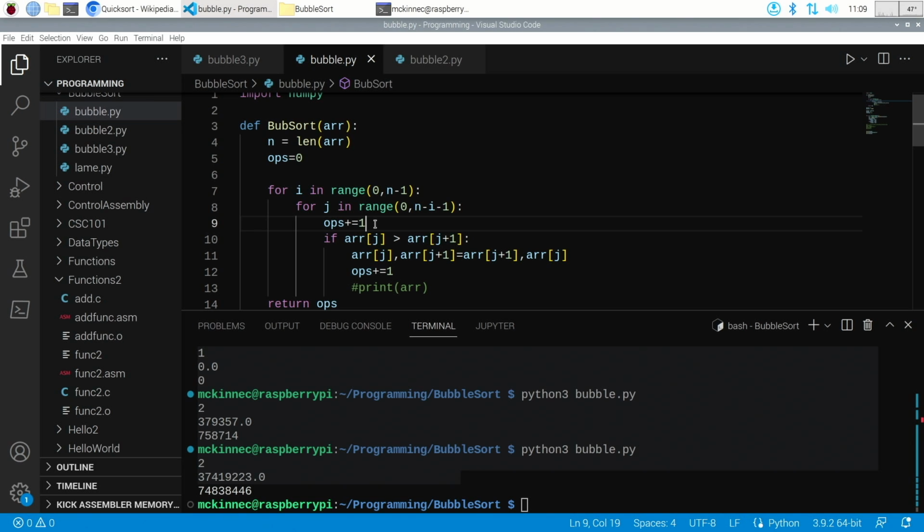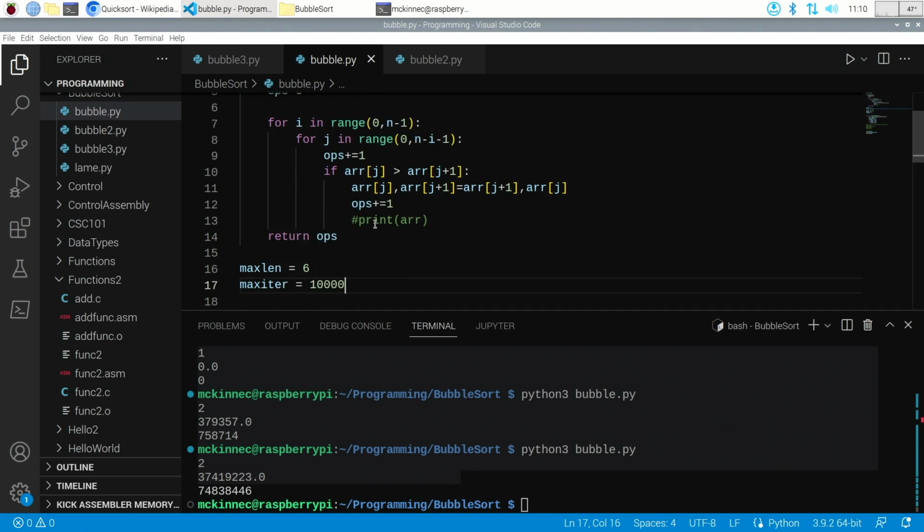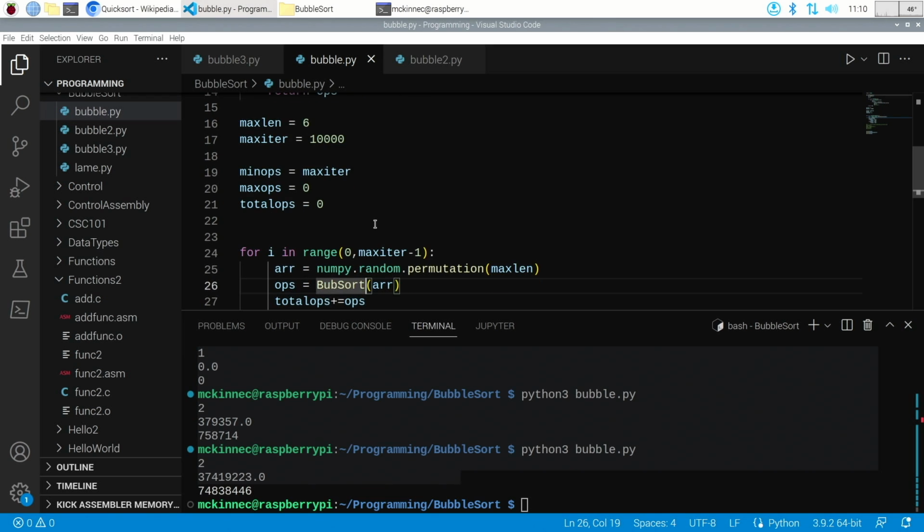Now, mathematically, we've already figured out that the best case is going to be the number of cards times the number of cards minus 1, all over 2. And the worst case is not divided by 2. Then I'm going to hand this algorithm a random assortment of numbers from 0 through 5 in our case, instead of 2 through 7.